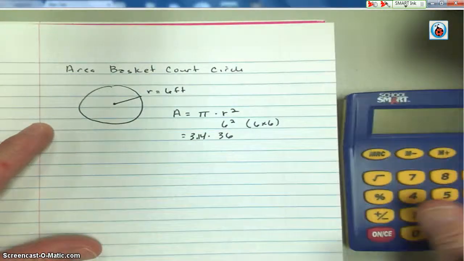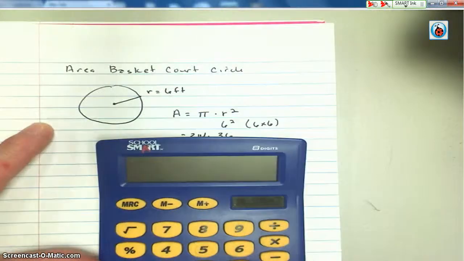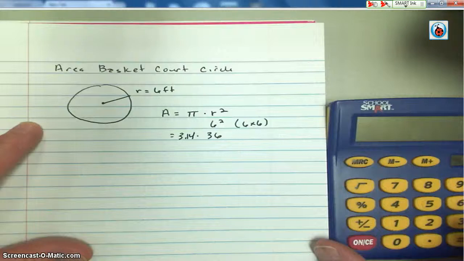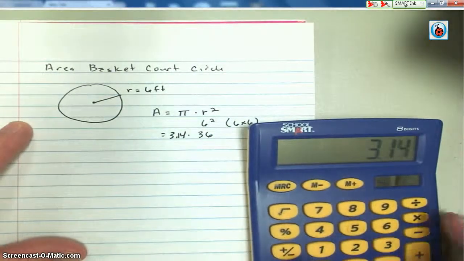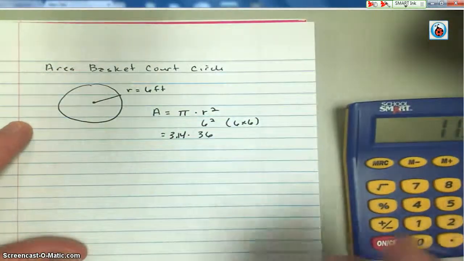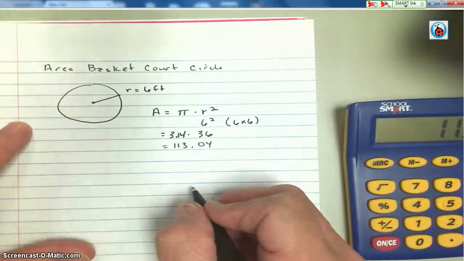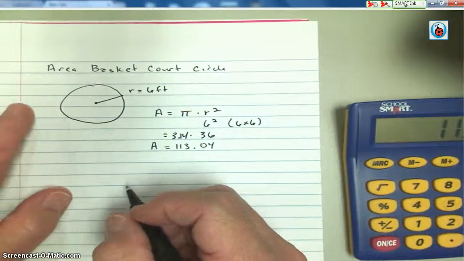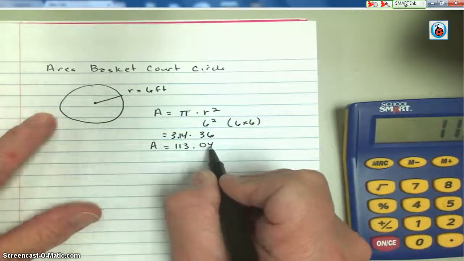So if you have your calculator handy, 3.14 times 36 is equal to 113.04. So the area of this basketball circle in the middle of the floor is 113.04 feet.